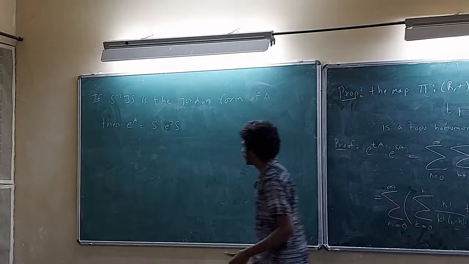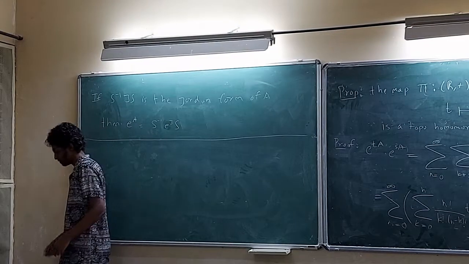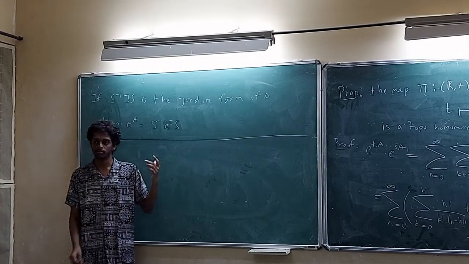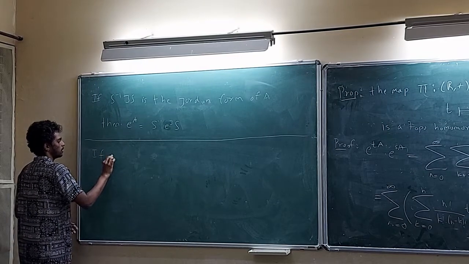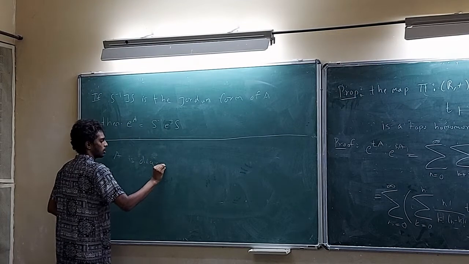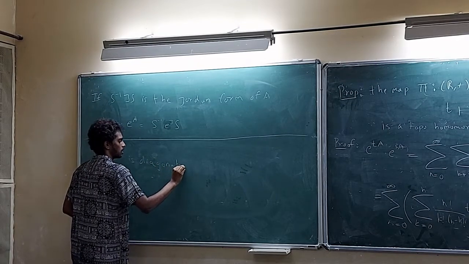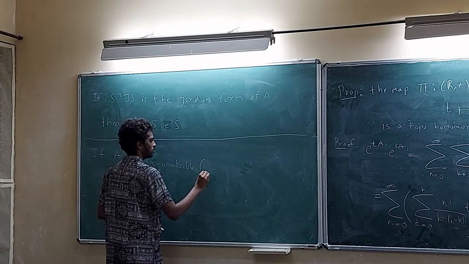So, of course, if A is diagonalizable, then the Jordan form is precisely a diagonal matrix, and obviously the diagonal entries will be the eigenvalues.